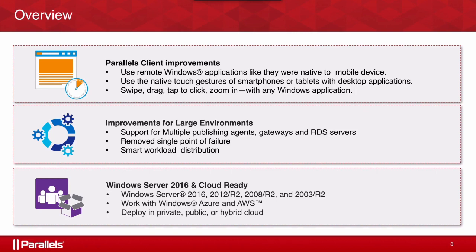The second point is improvements for large environments. In the previous architecture, you could have only two publishing agents or controllers, if you will, a master and a slave. In version 15.5, we introduced the concept of multiple active publishing agents, gateways, and RDS servers. That translates to zero failover now.